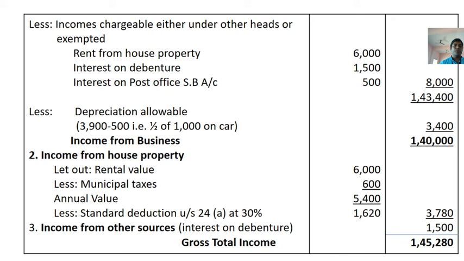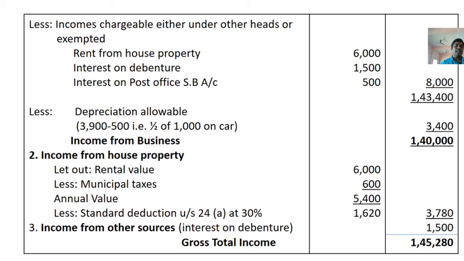Then we need to compute income from house property, second head. Let out property. So its rental value is 6,000 less municipal tax 600. Difference resulting figure is called annual value 5,400 less standard deduction under section 24 at 30%, 1,620. So income from house property is 3,780.